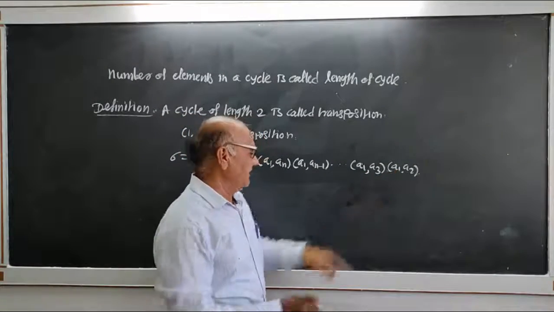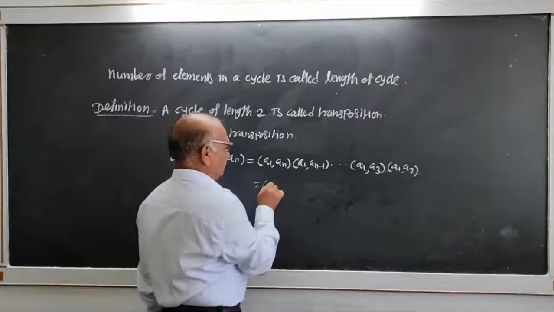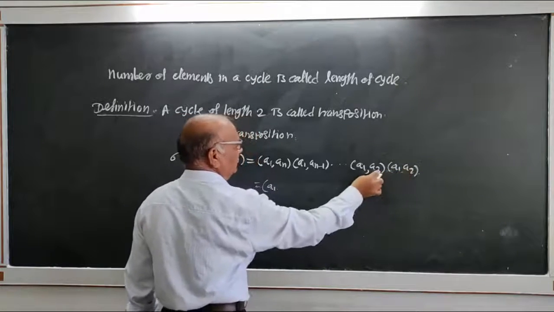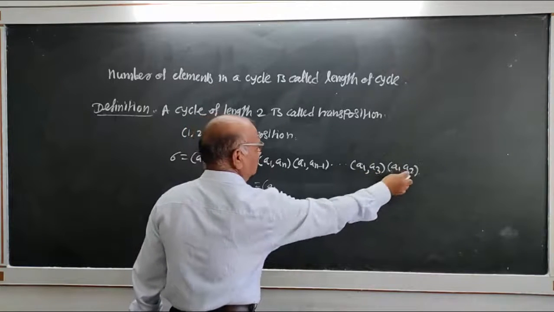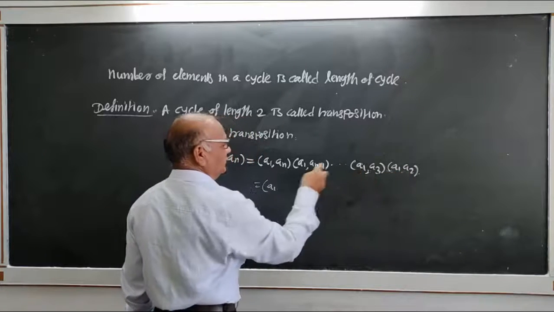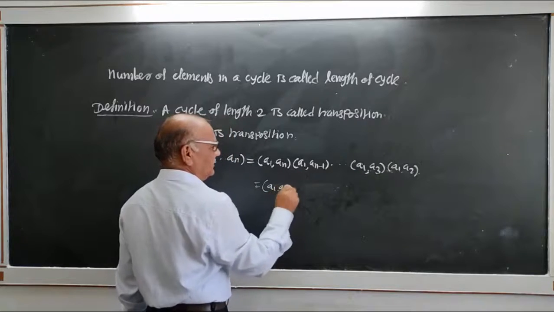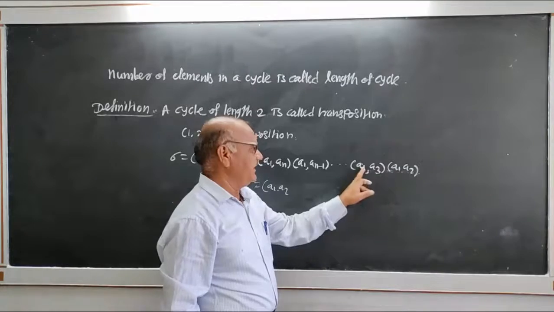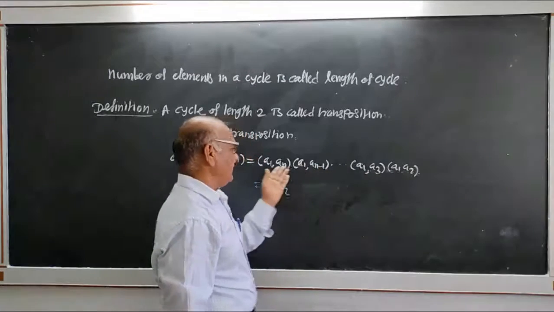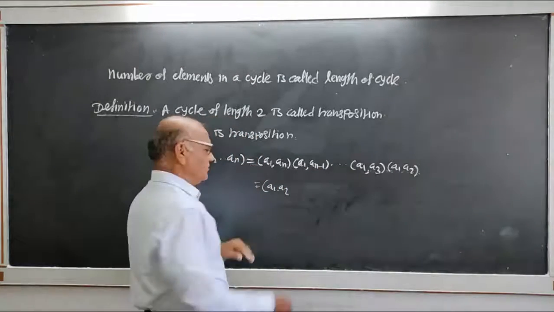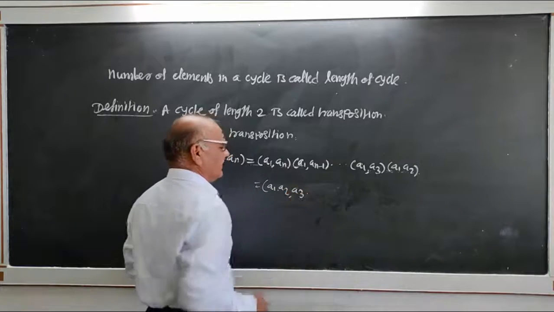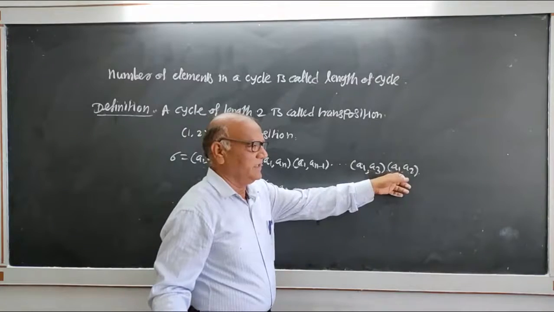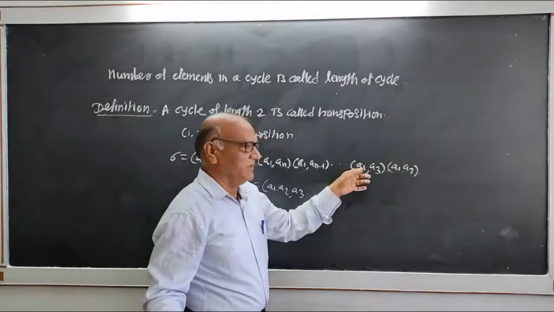First write down A1. Here A1 goes to A2. A2 goes to A1, A1 goes to A2. Here A2 goes to A2. Write down A2. Now here A2 goes to A1, here A1 goes to A3. And in this transposition A3 goes to A3. Here A3 goes to A3, here A3 goes to A1.